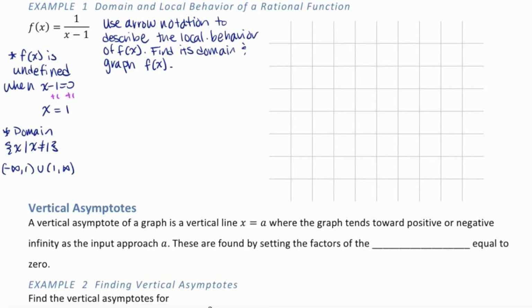Let's plot some points and then use arrow notation to describe the local behavior of f of x. So x, f of x, all I'm doing is creating a little table for us to use to gather some more information about this function.